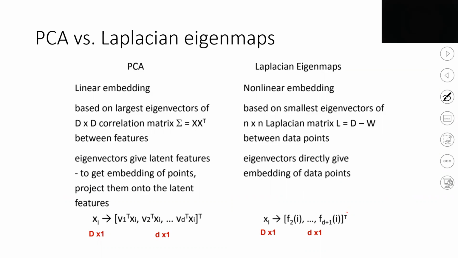Okay, comparison between PCA and the Laplacian eigenmap. PCA is a linear dimension reduction, so you just rotate everything without unfolding, folding, or disturbing, or transforming the position of the data points.